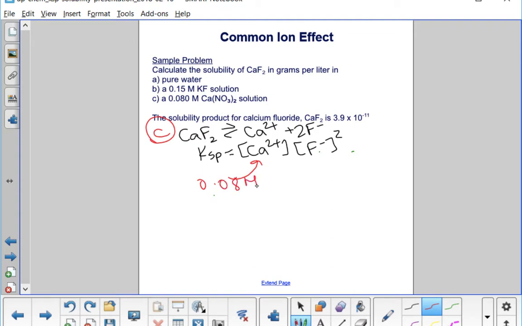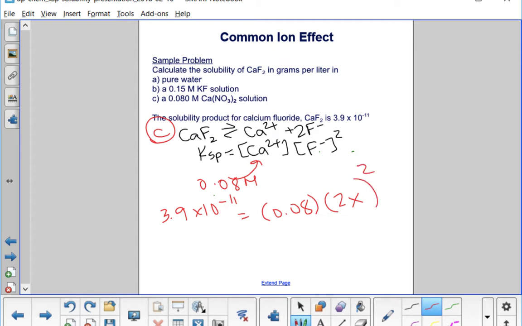So Ksp 3.9 times 10 to the minus 11 equals 0.08. Now we don't know F, but we do know that whatever the F minus concentration is has to be twice the calcium ion concentration. So we'll call that 2X squared.